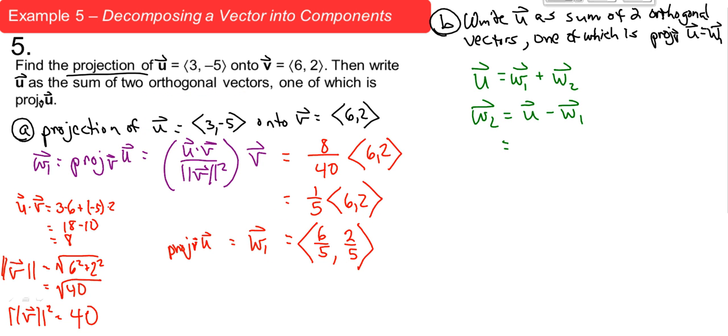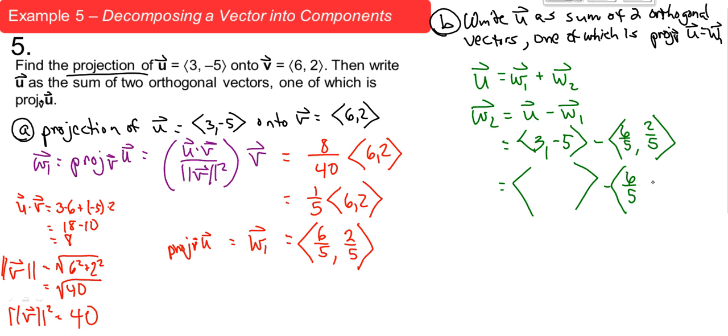So W2 is u, which is 3, -5, minus the 6/5, comma, 2/5. And I'll just get a common denominator. 5 is my common denominator, so 3 is 15/5.